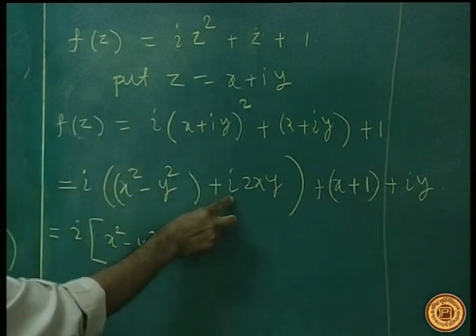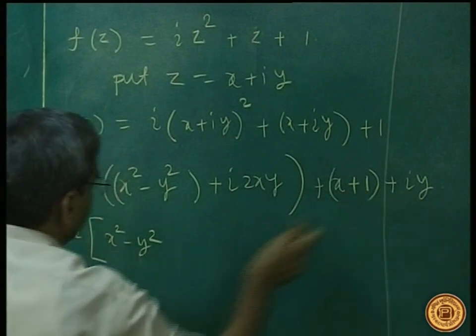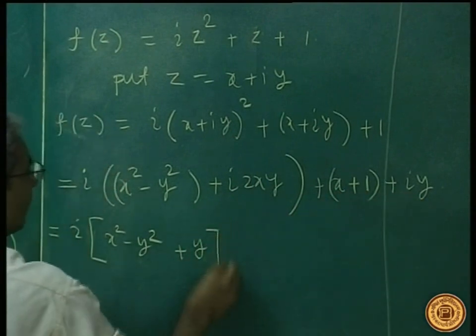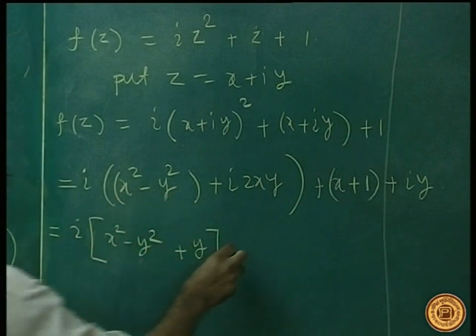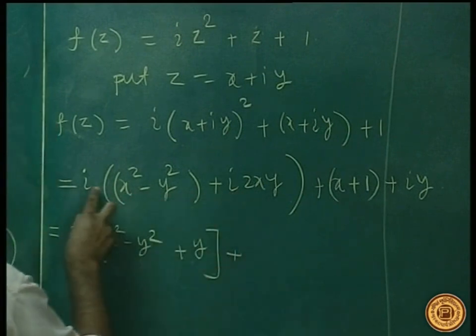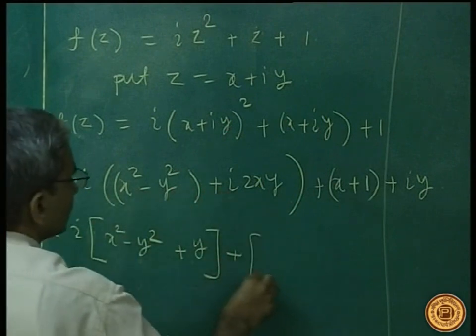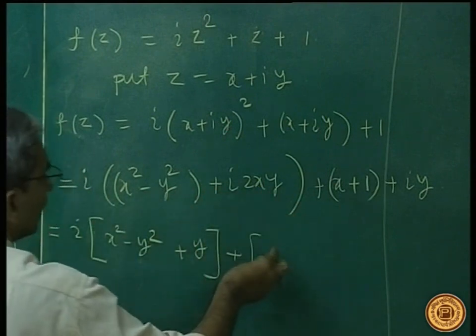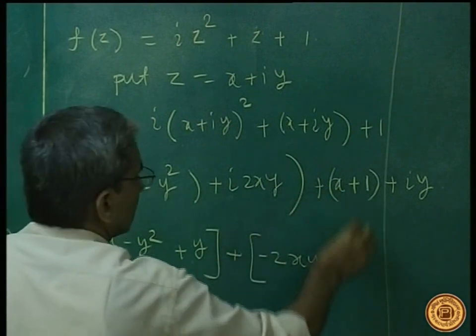And this i into i will be minus 1, so this will be real. So now I want this term plus y. Is it clear? So i times (x square minus y square plus y), and this i into i is minus 1, so we have minus 2xy and plus x plus 1.